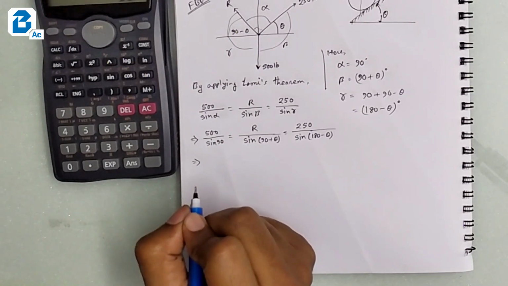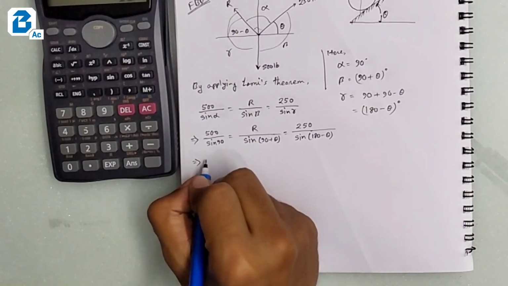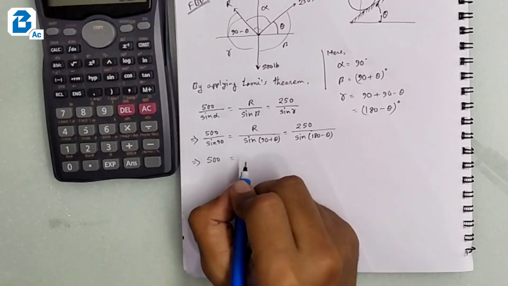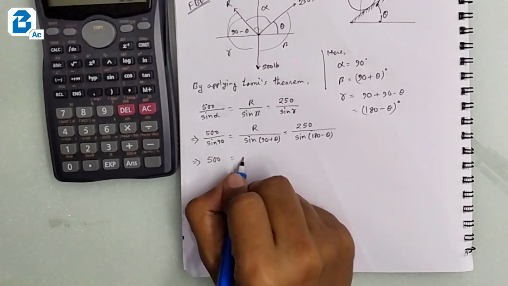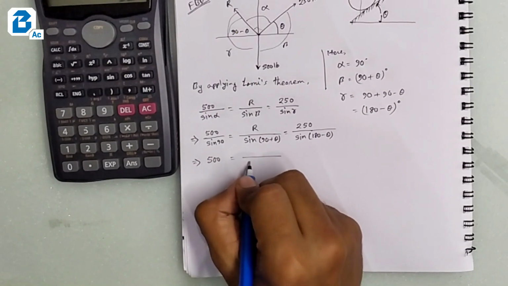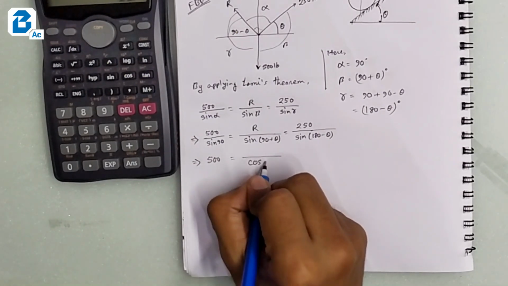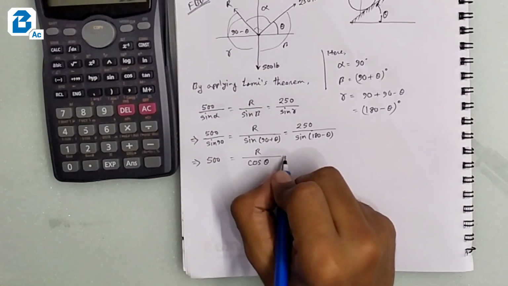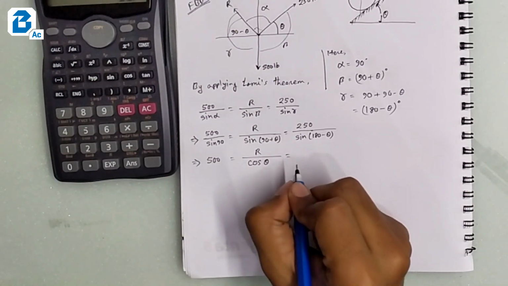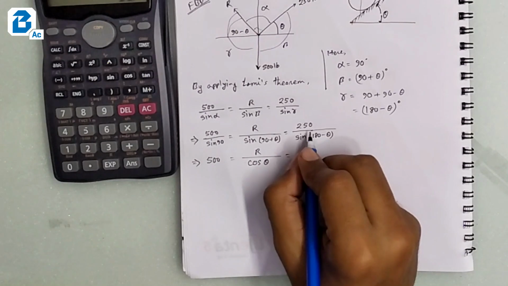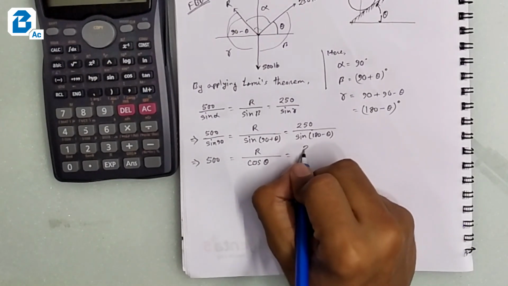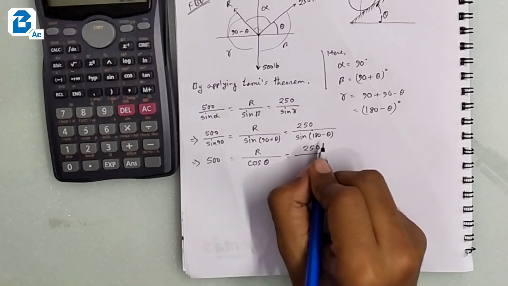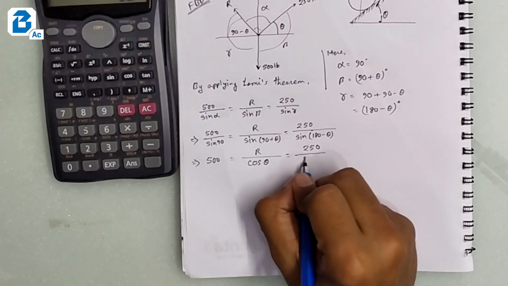We know that sine 90 equals 1, so we can write 500 equals R divided by sine 90 plus theta. If we simplify it, we get cos theta. So we will write that. And then it equals 250 divided by sine 180 minus theta, and if we simplify sine 180 minus theta, we will get sine theta.